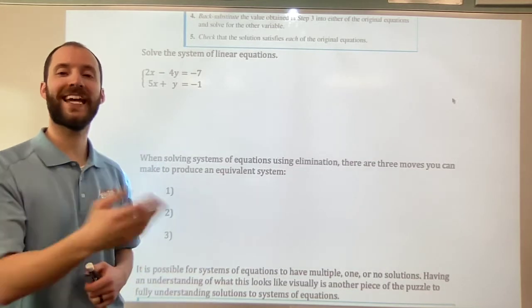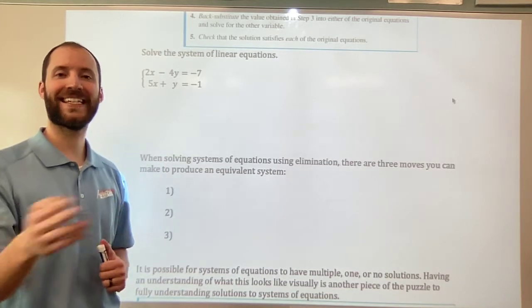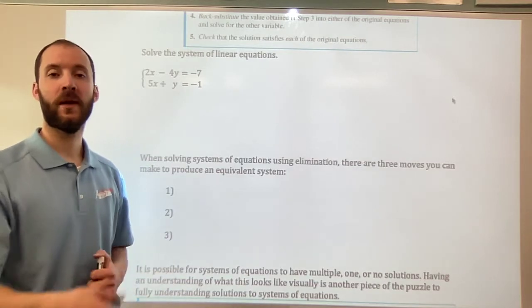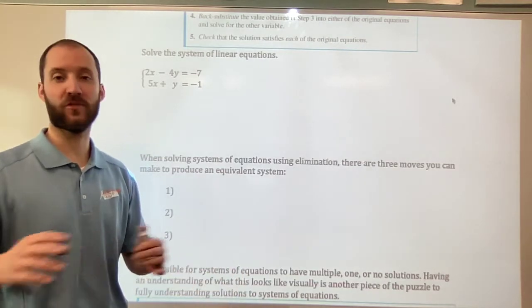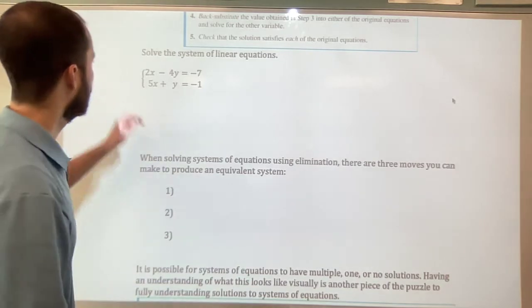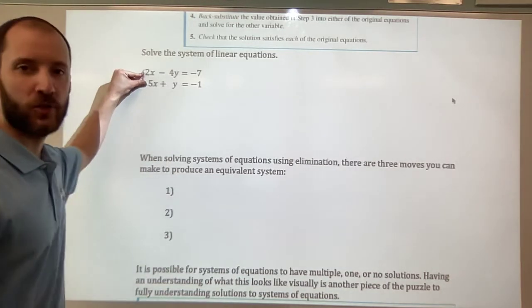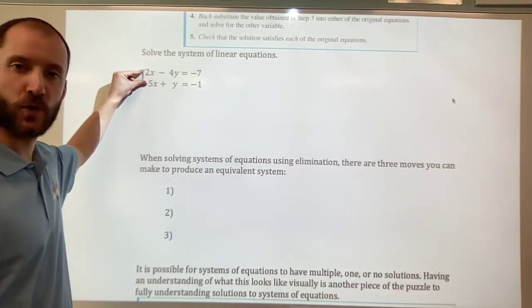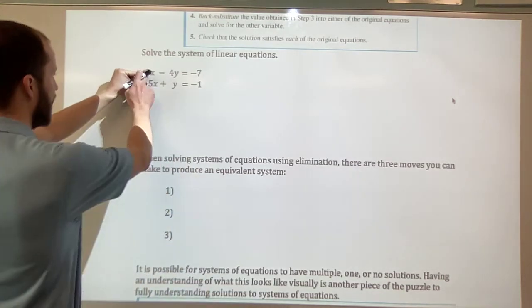You have to obtain them by scaling or multiplying one or both equations by the same number or different numbers. Now 2 and 5, to get a least common multiple, you'd have to multiply the first equation by 5 to make this a 10.